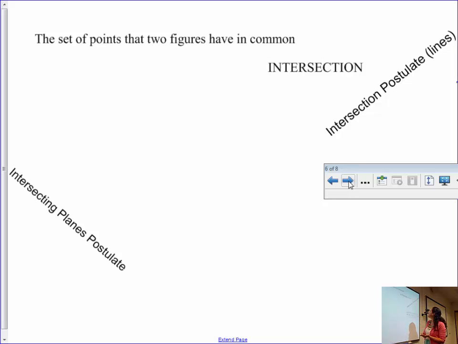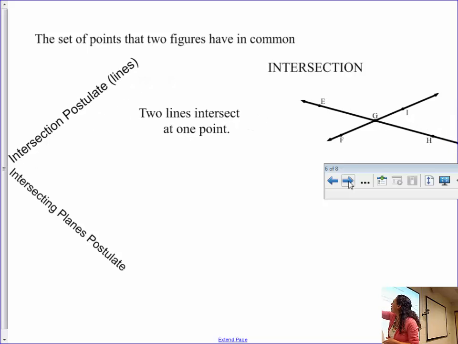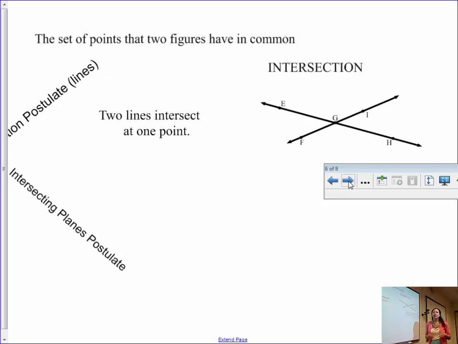Now, the intersection postulate for our lines, this guy right here, probably makes most sense. You've seen it before in algebra when you were solving systems, okay? Two lines intersect at one point. They either intersect at one point, they don't intersect, or we might have two lines that share the exact same space and they intersect everywhere.